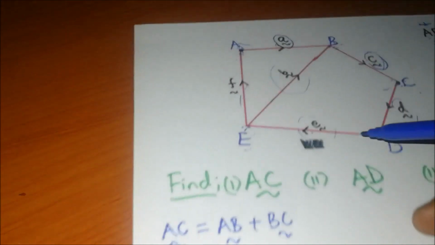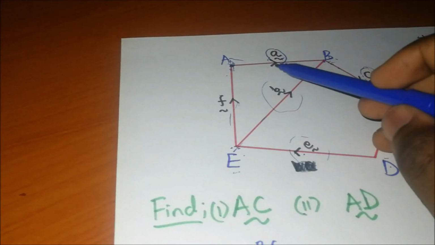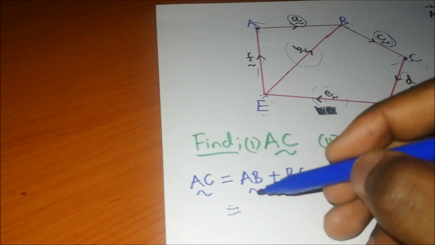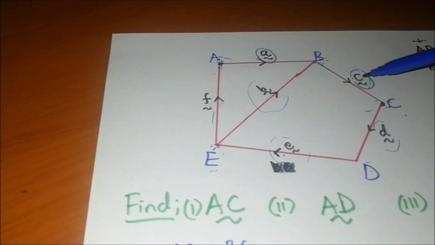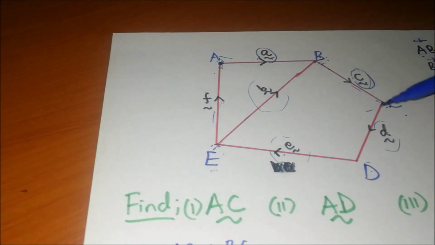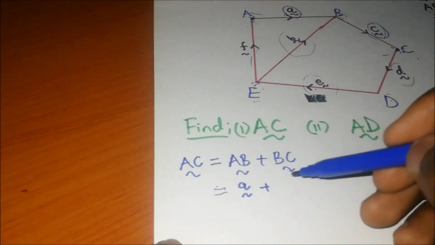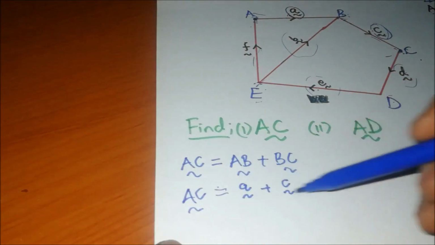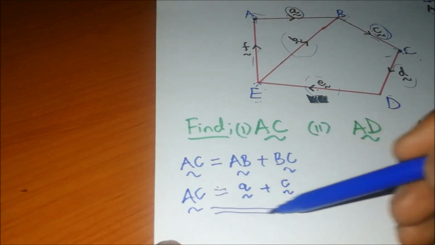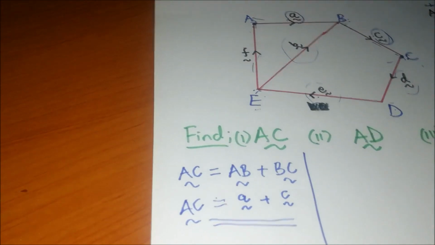What is AB? AB has been baptized as A. So AB here is A plus BC. BC has been baptized C, and it's in that direction. So I would come here and write C. So I can say SC is given by that, and that's my answer.